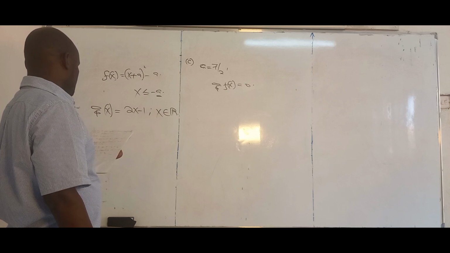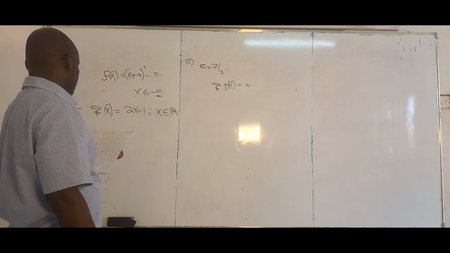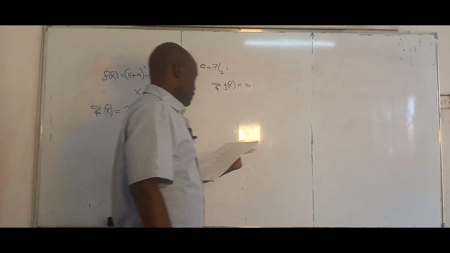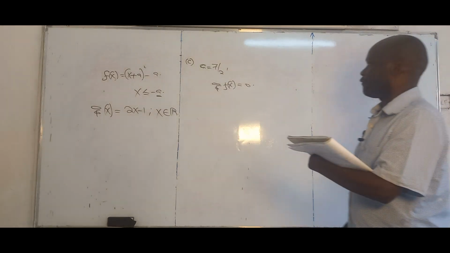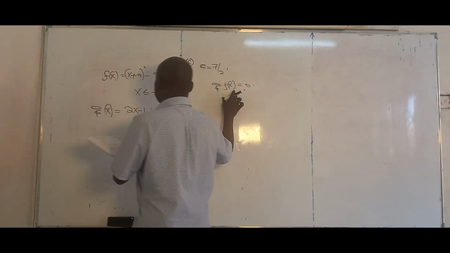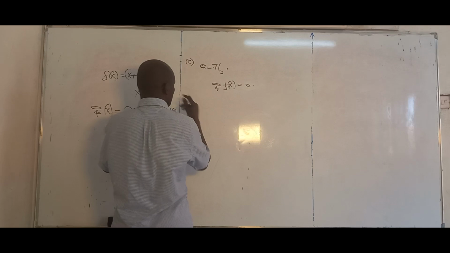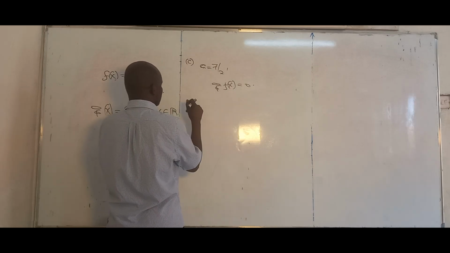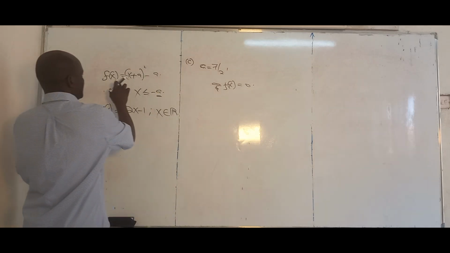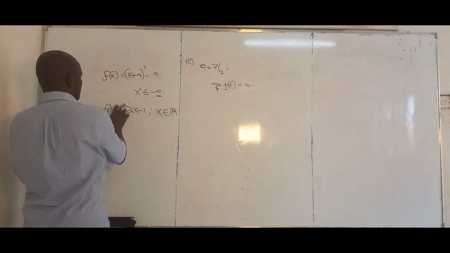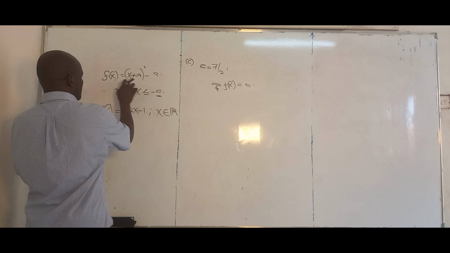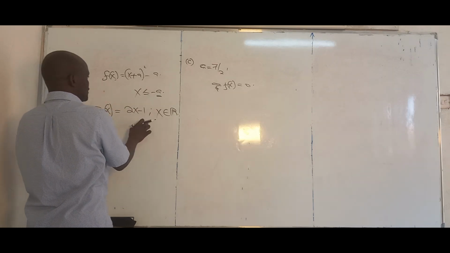g f of x is given by the expression. So first, we need to get g f of x, then equate g f of x to 0. f of x is given by this, and g of x is given by this.